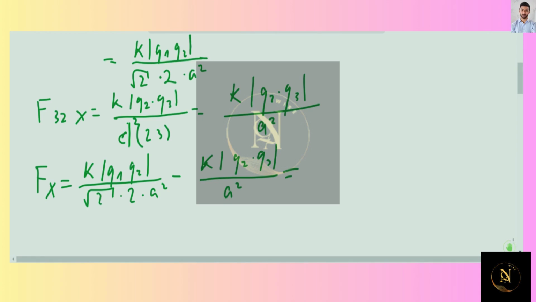So now let's simplify this expression. So K divided by a squared multiplied by absolute value of Q2, and it's all multiplied by absolute Q1 minus absolute Q3. Now let's calculate this number.